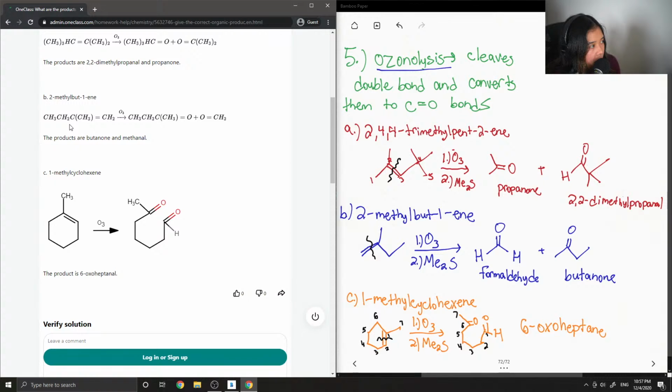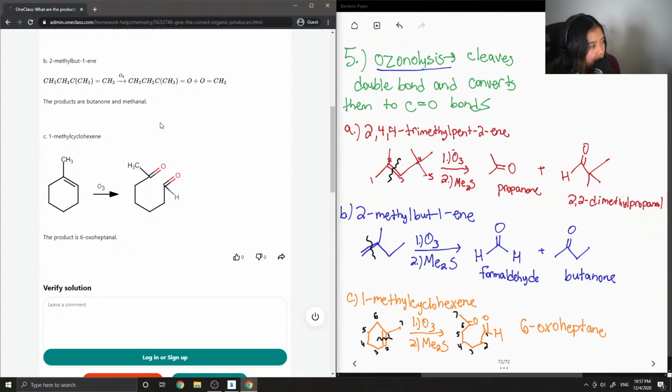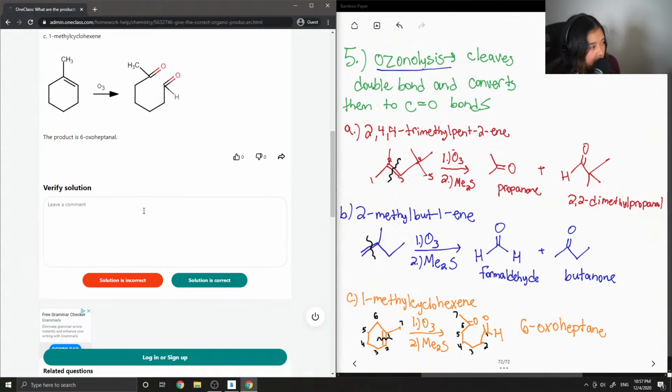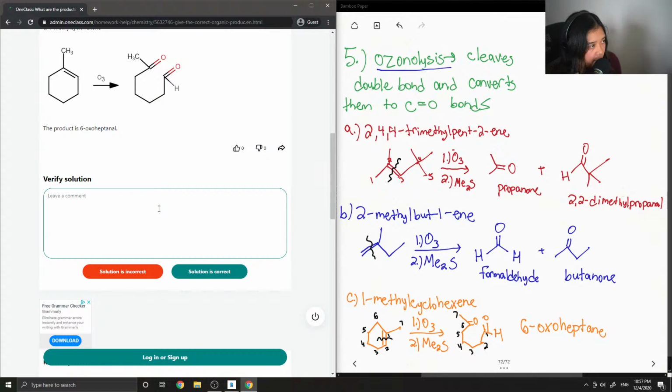For part B, they got butanone and methanal. Methanal is the same thing as formaldehyde, so this answer is correct as well. And lastly, they showed the structure and got 6-oxoheptanal. So this solution is correct.